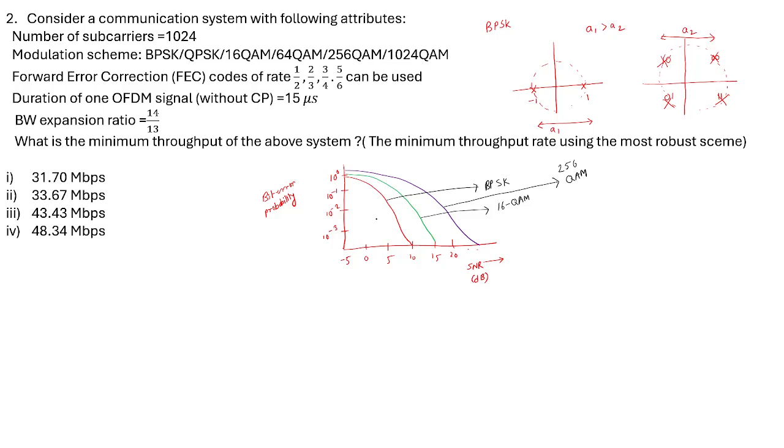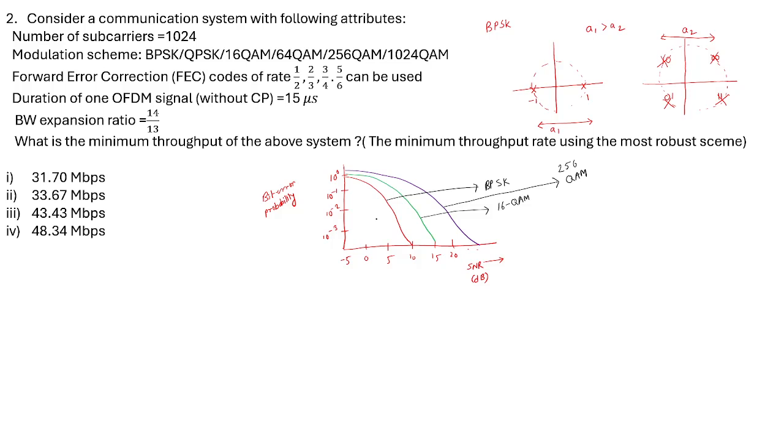That means a slight addition of noise here and there, and there is a very high probability that the receiver will falsely decode a symbol as some symbol different from what was transmitted, which causes the bit error probability, which is nothing but a non-zero bit error probability.